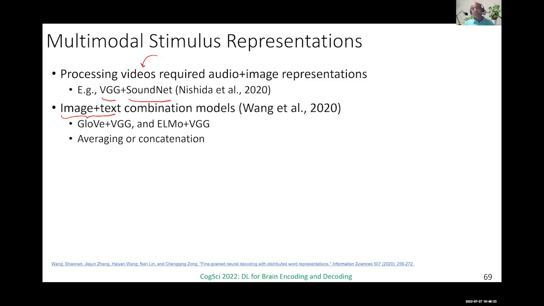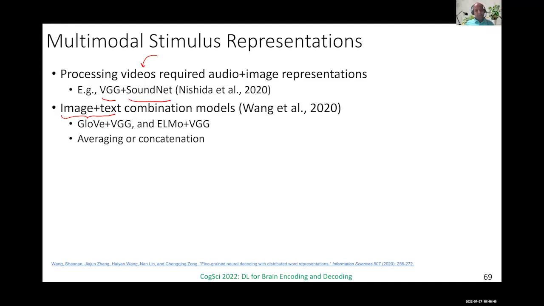Now, for image stimuli representation, typically VGG is one of the most popular CNNs because it strikes a nice balance between size and accuracy. It comes in two sizes, typically VGG 16 and 19, compared to other kinds of models which are pretty large. If you have enough compute power, of course, you use deeper image-based models. Otherwise, you live with these smaller ones.